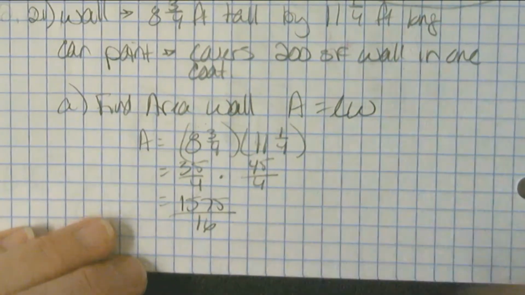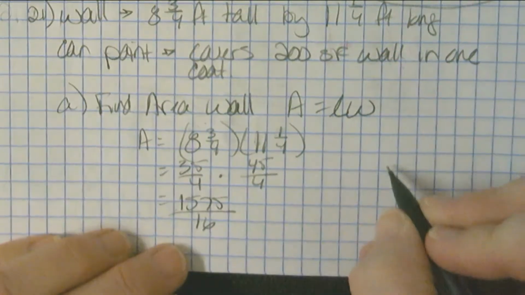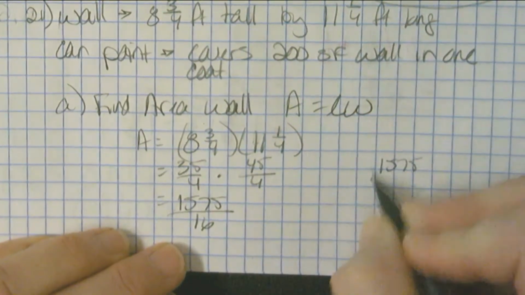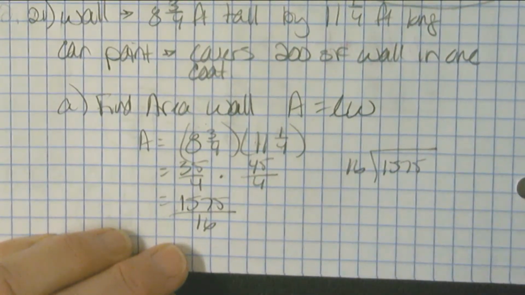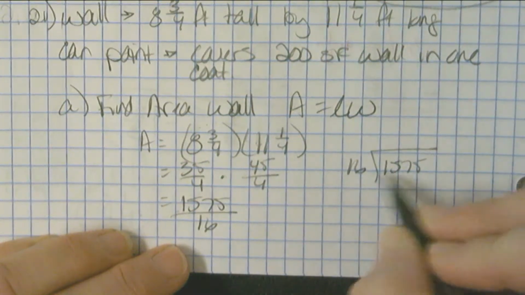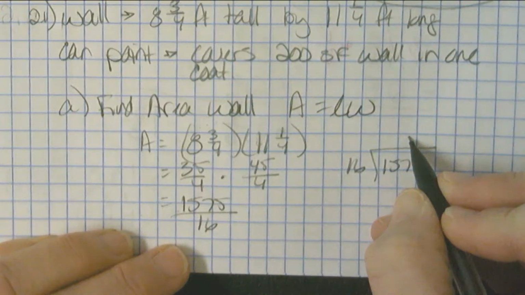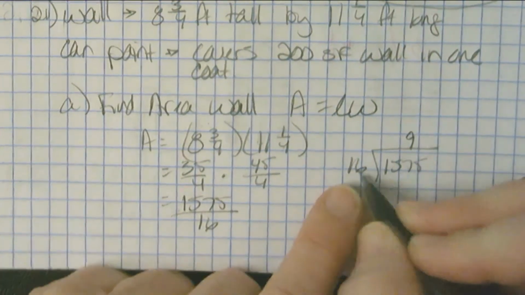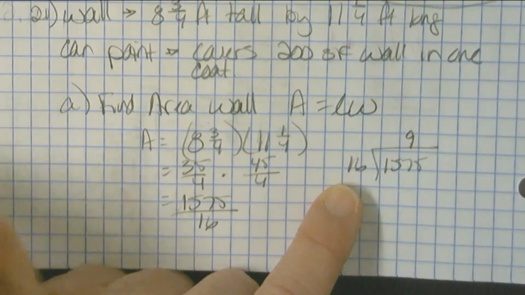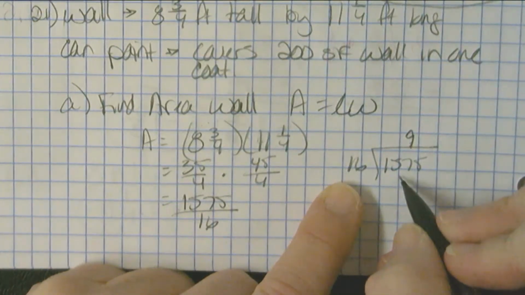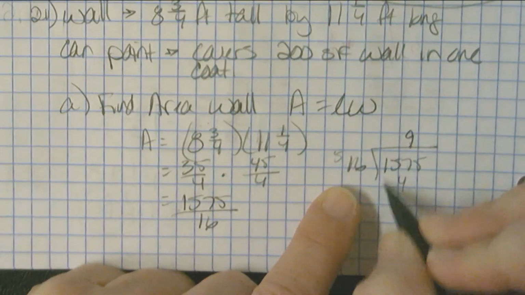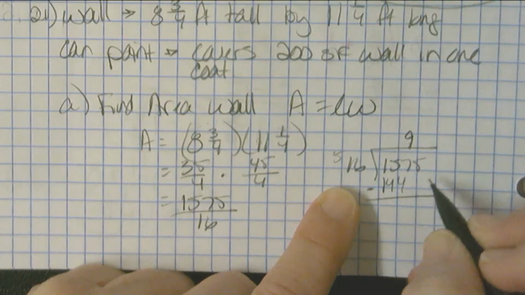All right, again, I just have to do that division. So I have 1575 divided by 16. So that is, it's not 10. I'm going to try 8. Let's try 9 just to see if it works. So 9 times 6 is 54. Carry the 5, that's going to be 14, so that's 144.